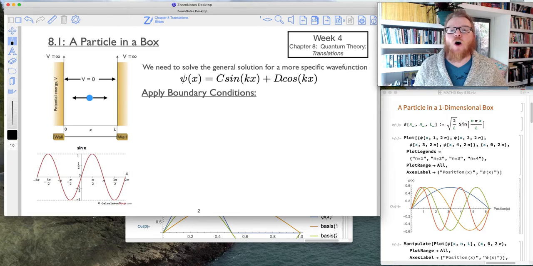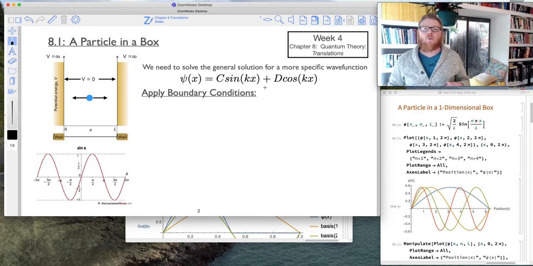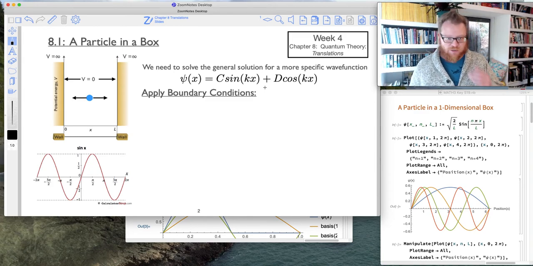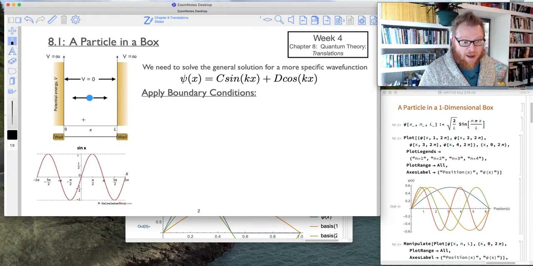So we need to solve for a more specific wave function. This is a general solution, but we need to find a specific solution. And that specific solution is going to be for our boundary conditions. And our boundary conditions are established by this physical picture, okay?